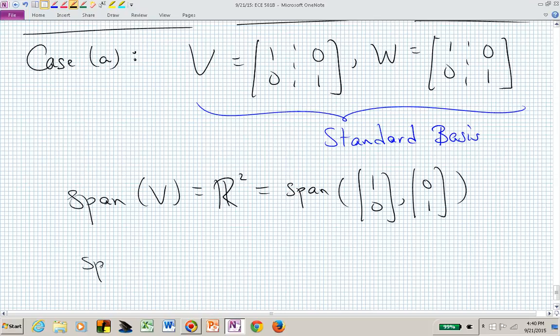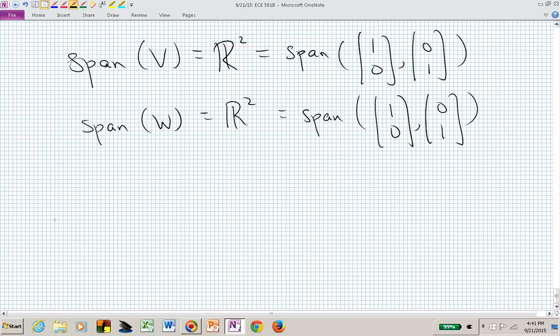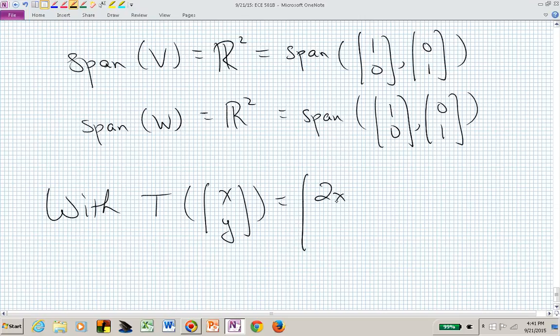And the span of W is also R2, which is the span of W1 and W2. And we want to know, what does the matrix look like in these two domain and codomain sets of bases for the linear map T, defined by 2x minus 1/2 y and x plus 2y.